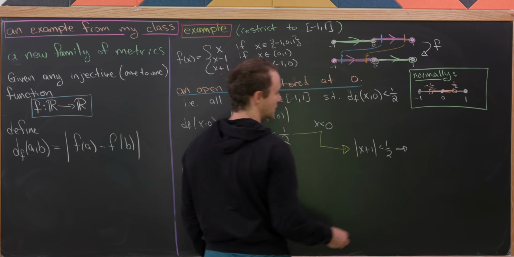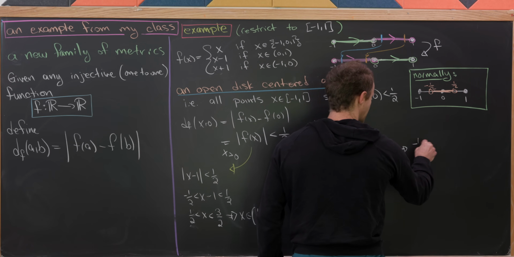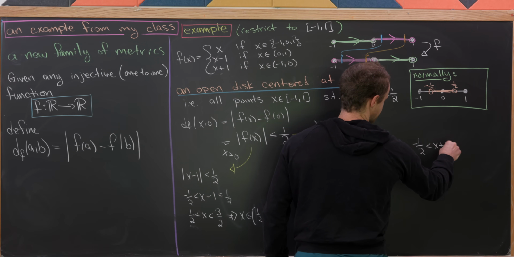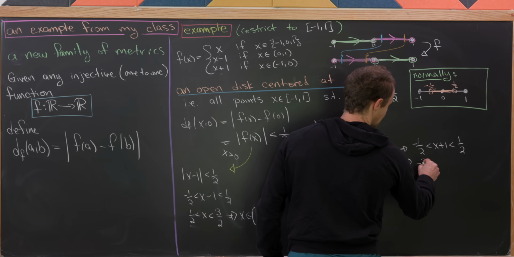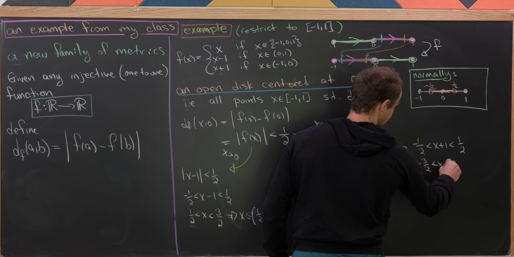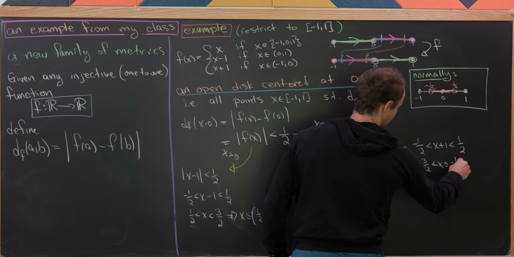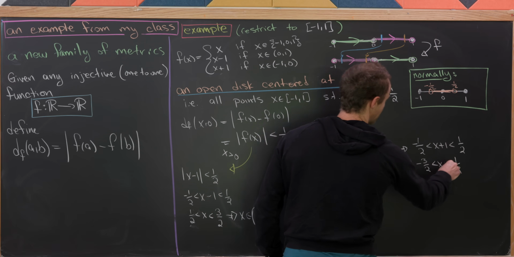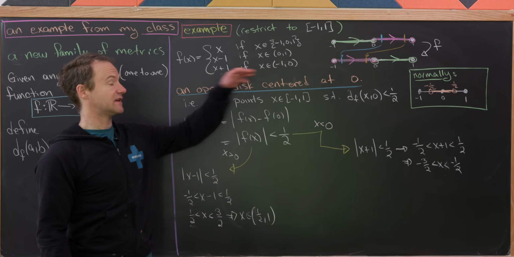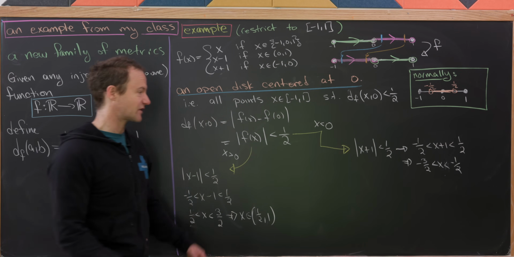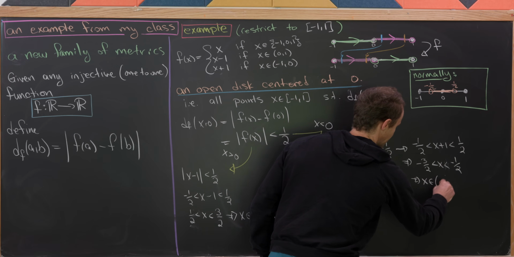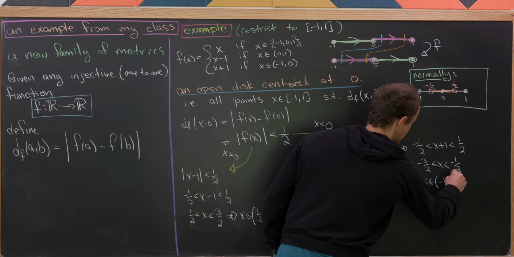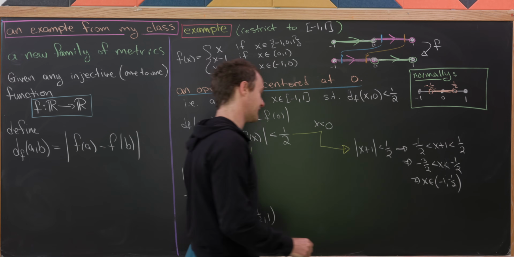Again, pushing that to a compound inequality, we have negative 1/2 is less than x plus 1/2, which is less than 1/2, which tells us we have negative 3/2 is less than x, which is less than negative 1/2. But again, since we're inside the interval from negative 1 to 0, we have to cut that off a little bit. And we'll see that x comes from the interval negative 1 to negative 1/2.